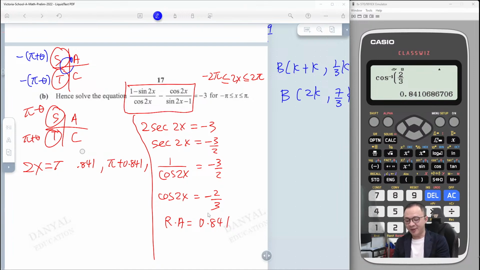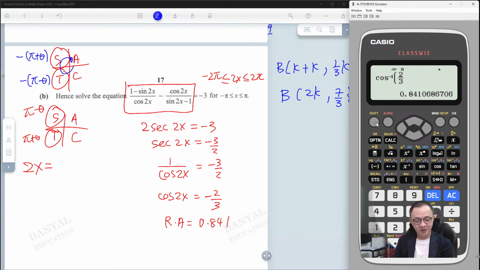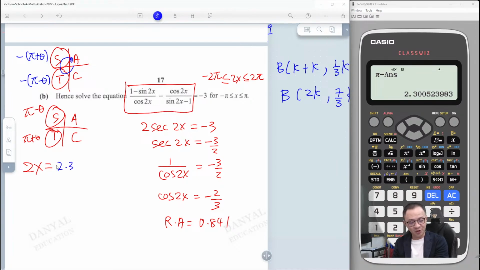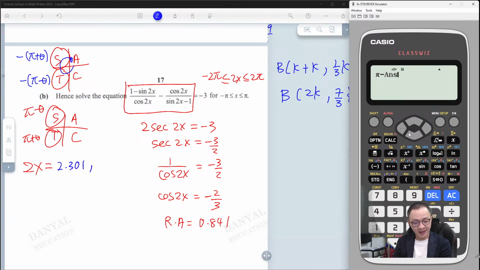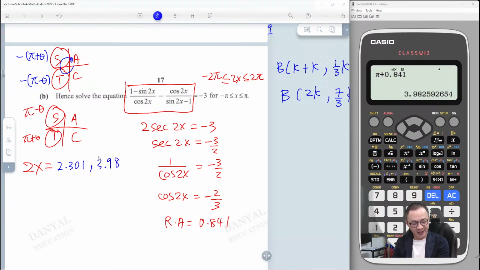So, in order to save some time, I will straight away type into the calculator. So I will say pi plus or minus my answer. So the first one is 2.301. Then I will say pi plus 0.841. I will get 3.983. And then I add the negative for both.